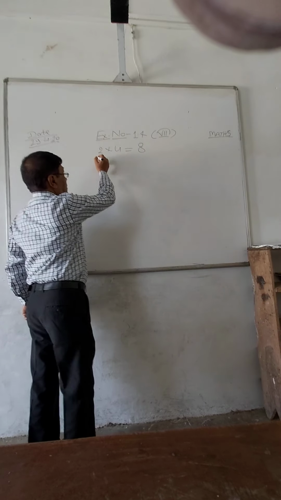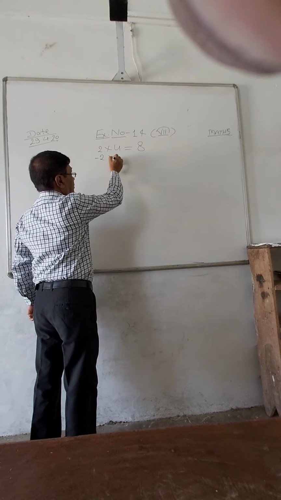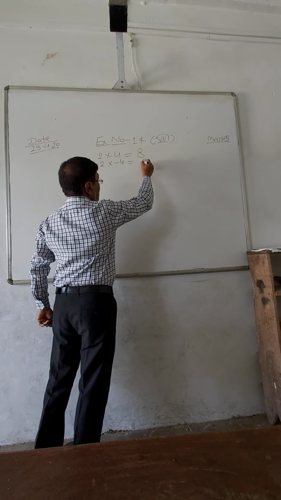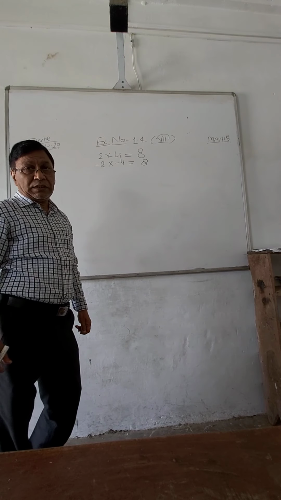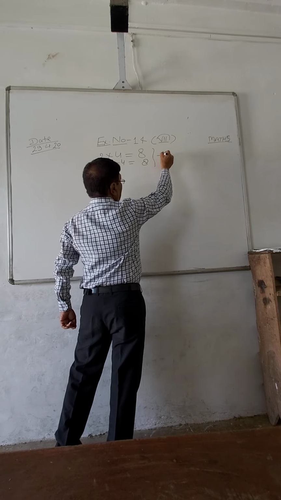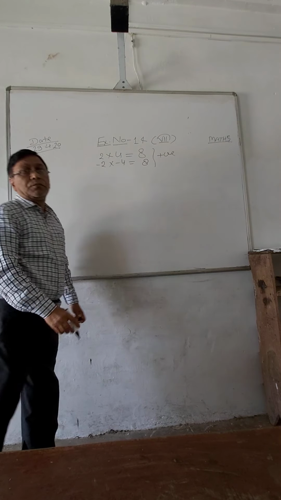Again, suppose this is negative and this is negative, here also it comes positive. In the last class, as you have seen, in both cases it will come positive.